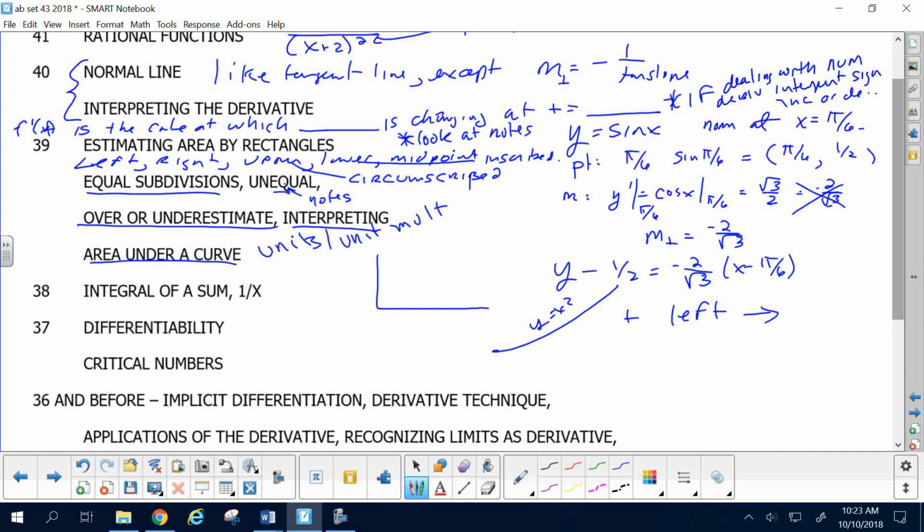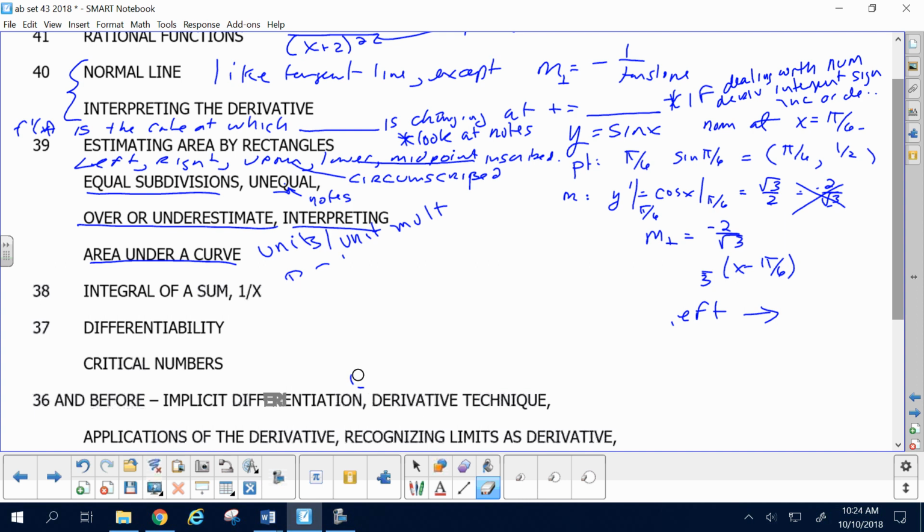Integral of the sum, 1 over x, for the most part those are going okay. Do you know your power rule back and forth? Okay, good. Differentiability, there are 3 reasons a derivative doesn't exist. What are they? Sharp turn. Discontinuity.